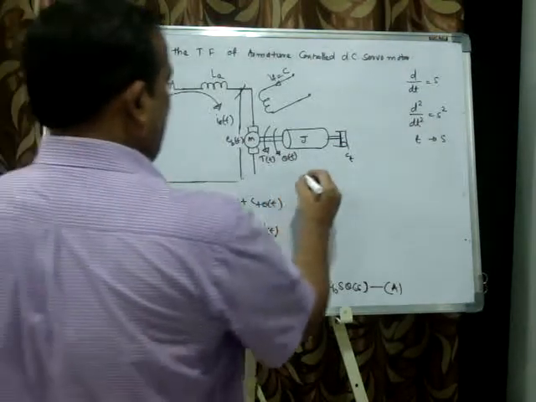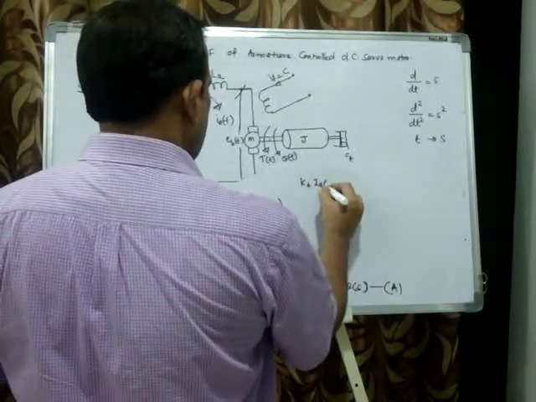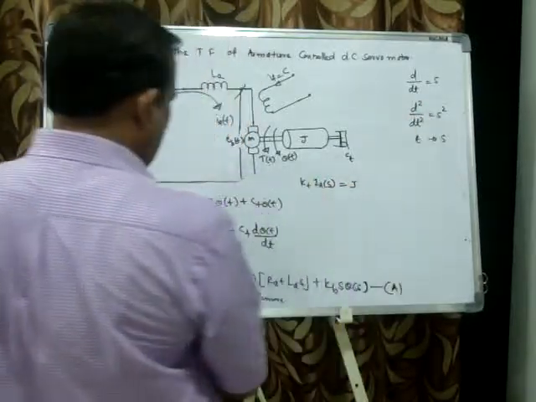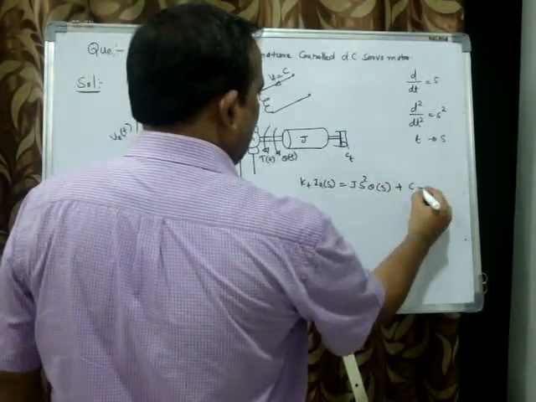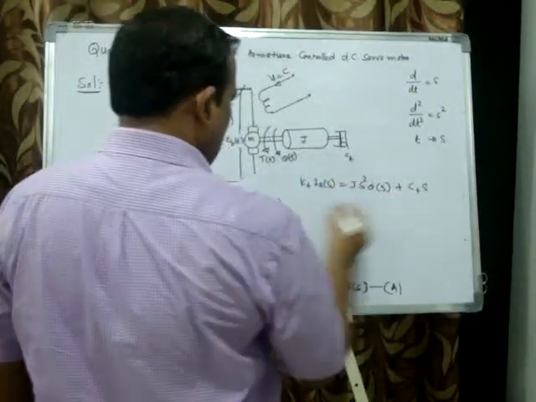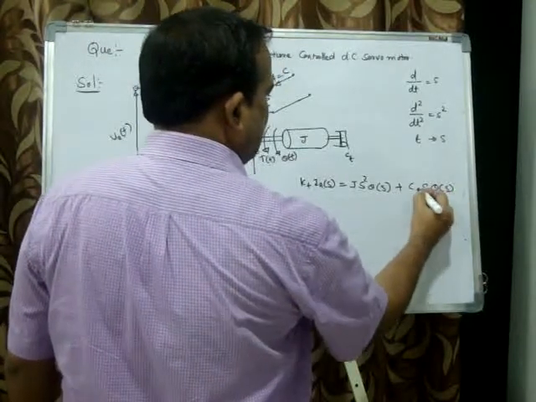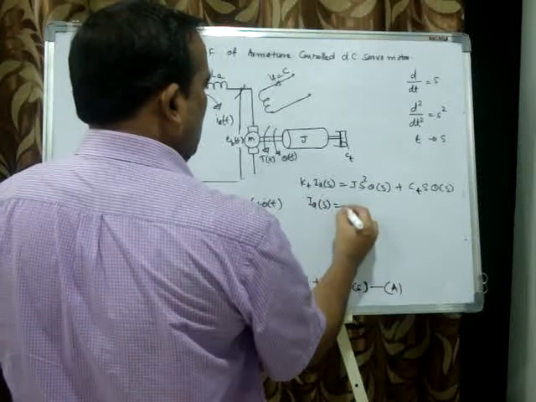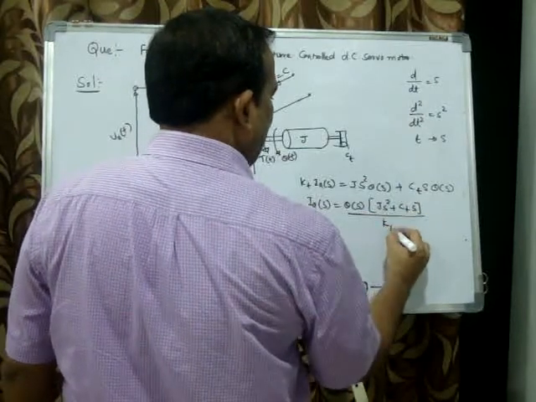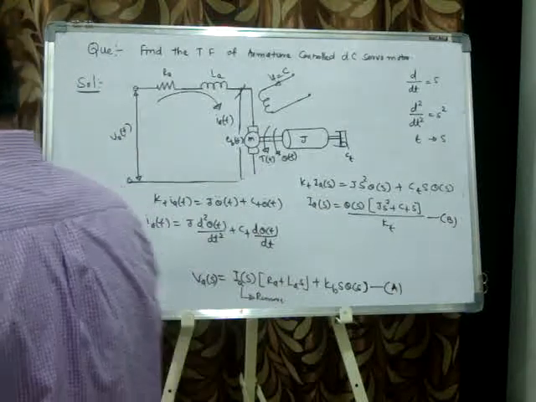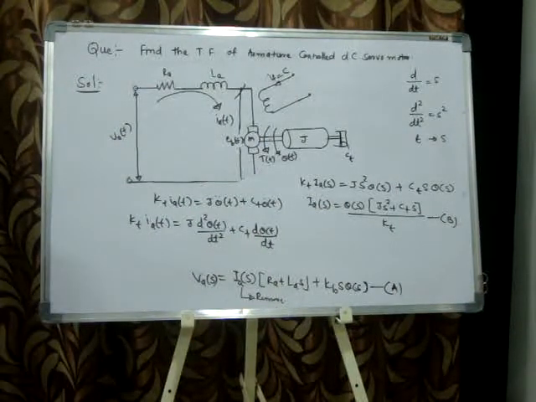So taking the Laplace transformation: KT IA(s) = J S square theta(s) + CT S theta(s), since d square by dt square becomes S square, d by dt becomes S, and theta(t) becomes theta(s). So IA(s) = theta(s)(Js square + CTs) divided by KT. This is called equation number B.